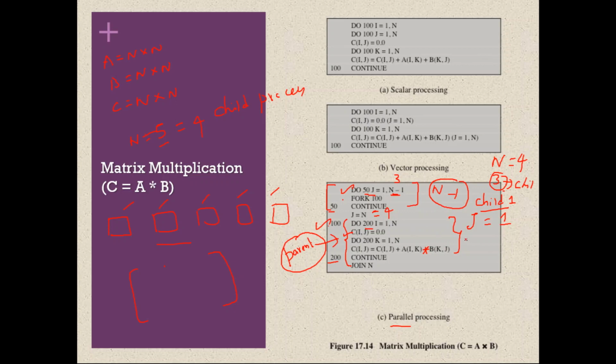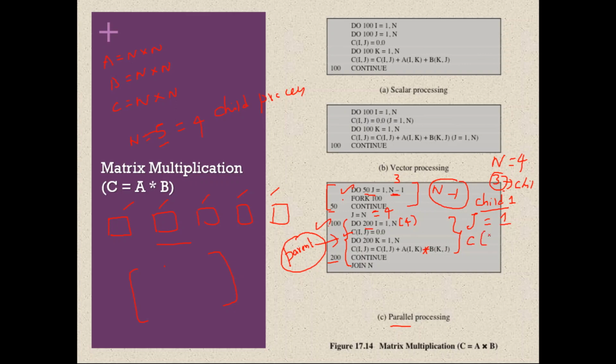Let us assume n is 4, 4 rows, so it is going to repeat for 4 times. But j is 1, remember. Now what we are setting is C of I comma j equal to 0.